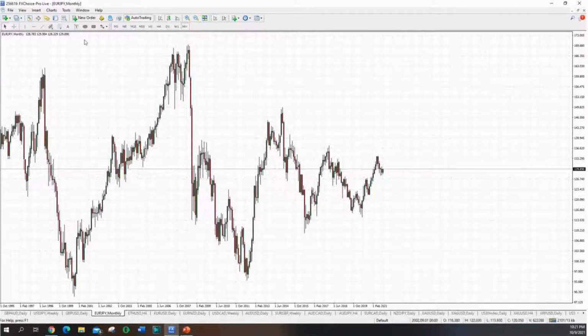So this is the Euro Japanese yen, and you're gonna start from the highest time frame, the monthly, and then you're gonna come down to the weekly, daily, and then you're gonna try to find a trade opportunity on the 4 hour or the H1 hourly time frame. So let's begin with the monthly.